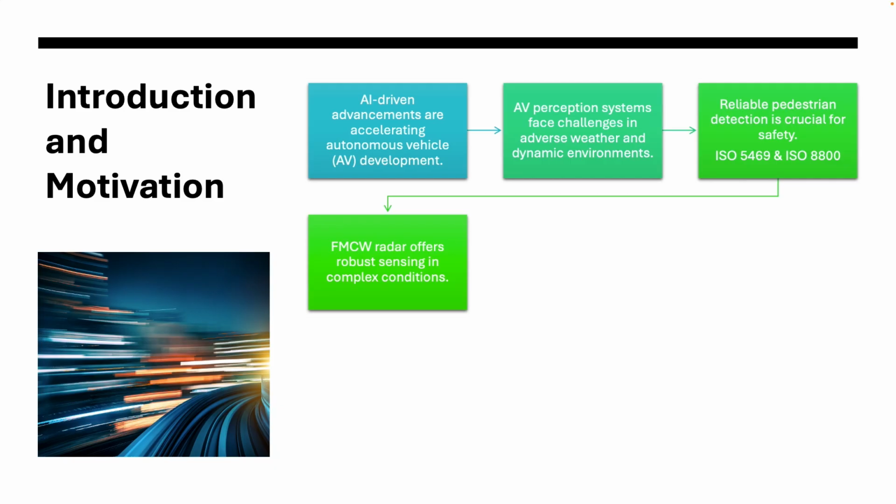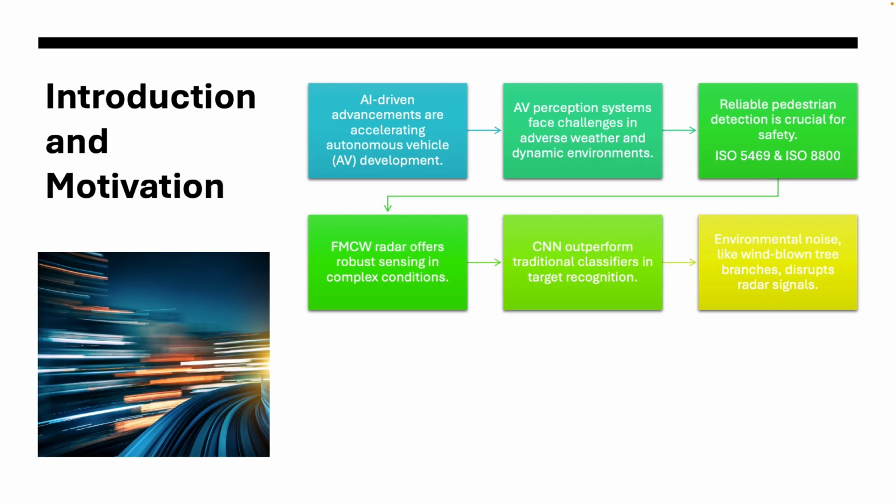In our study, we use FMCW radar, which is known for its resilience and cost efficiency. And we apply CNN on micro-Doppler features to outperform traditional classifiers like support vector machine.